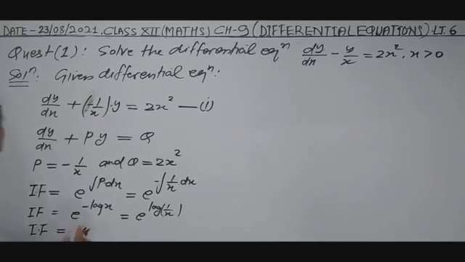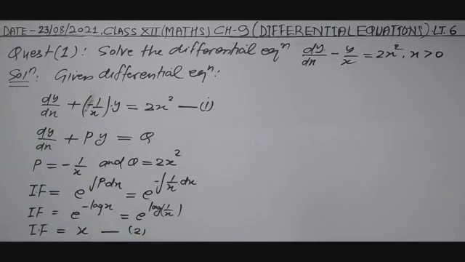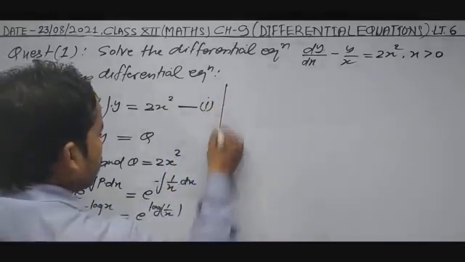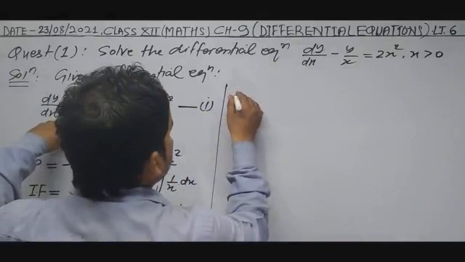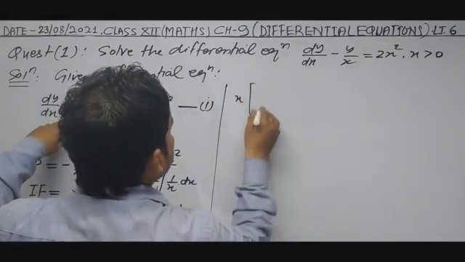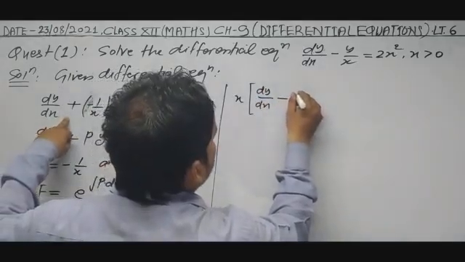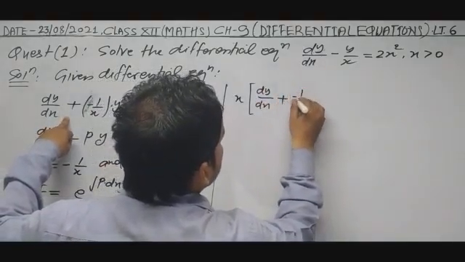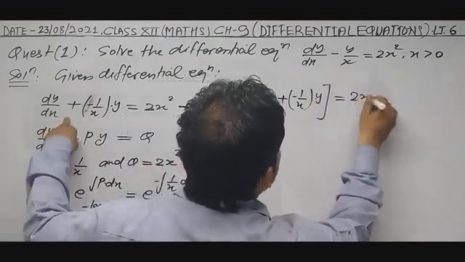Now suppose this is equation 2. Now we have to multiply this integrating factor in the main equation. Suppose we multiply, so the result will be x times dy by dx plus minus 1 by x y is equal to 2x cube.